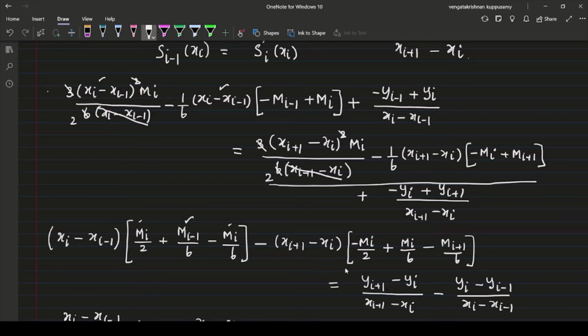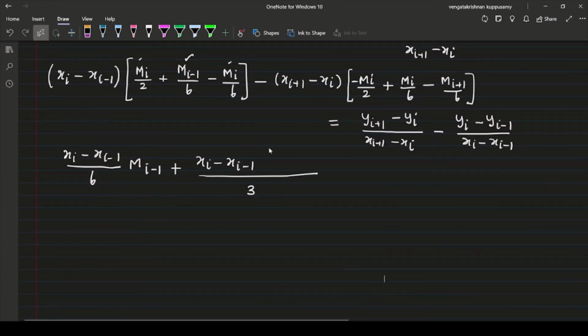So minus plus becomes plus (x_{i+1} - x_i) into m_i, right? So we can cancel these two terms, and then now collect the m_{i+1} term.